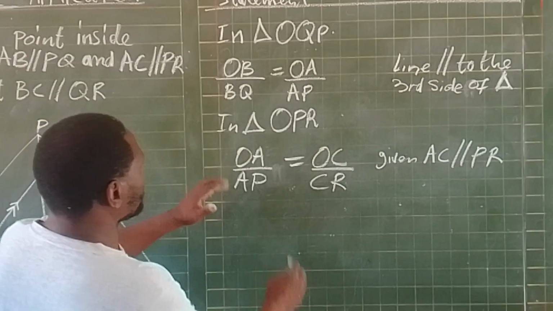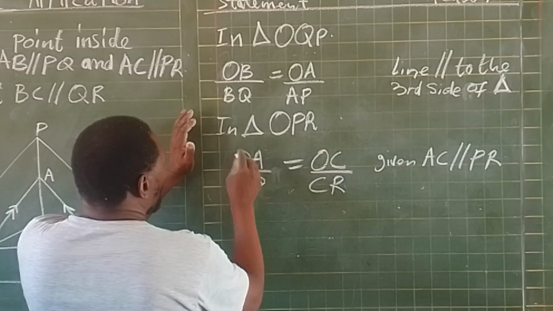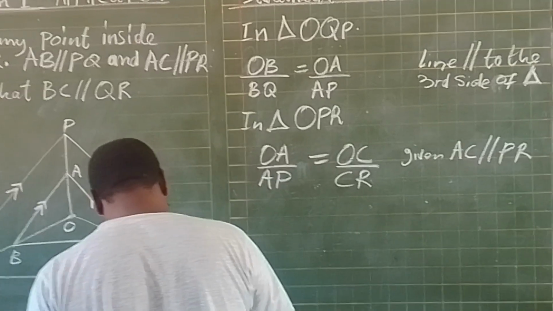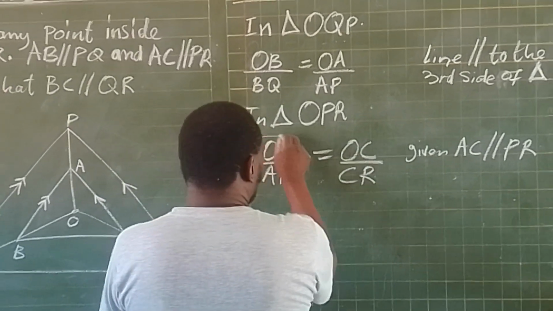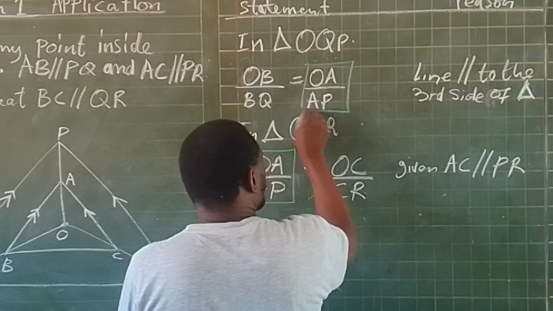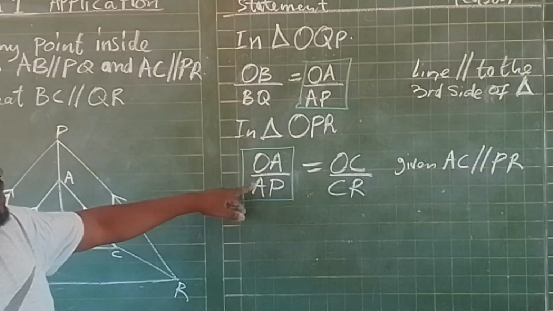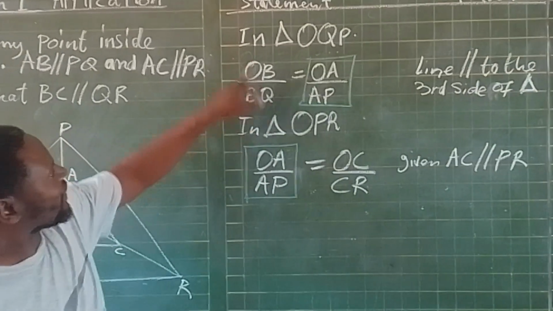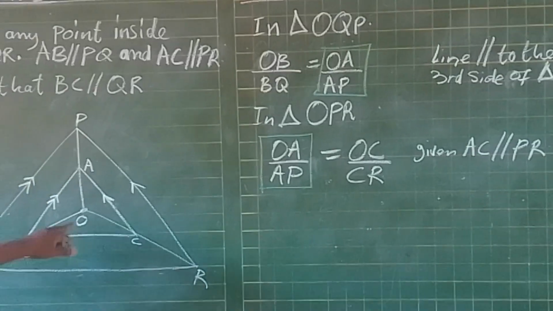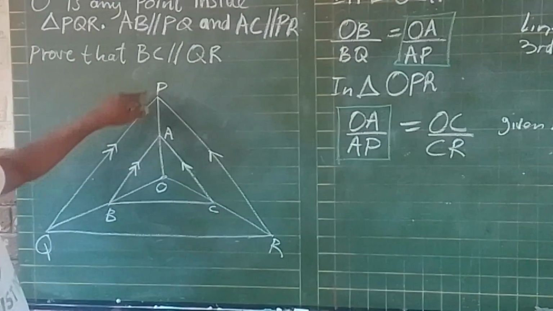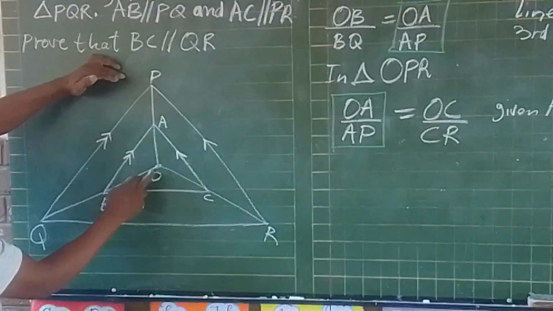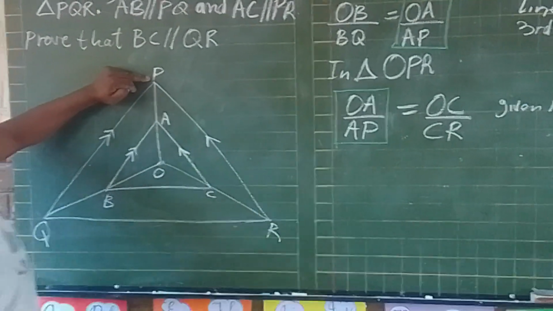Right. If you can see, we have OA over AP as common to both triangle OQP and triangle OPR.